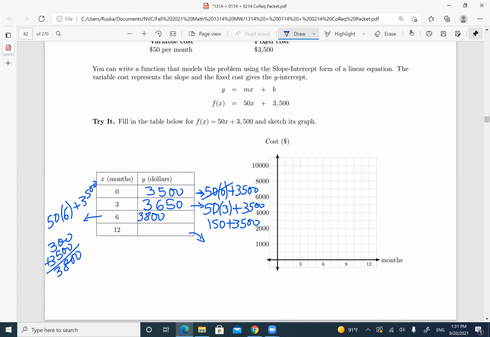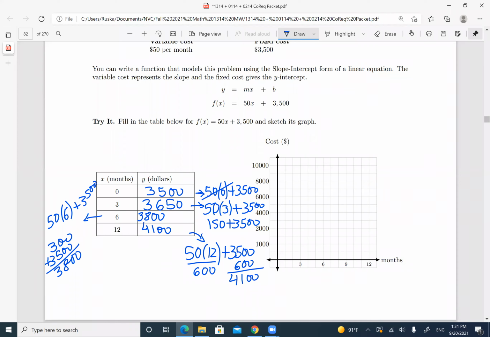So you have 50 times 12 plus 3,500. 50 times 12 is what? 60, right? Oh, 600, sorry. So you add 3,500 plus 600, and that's 4,100.